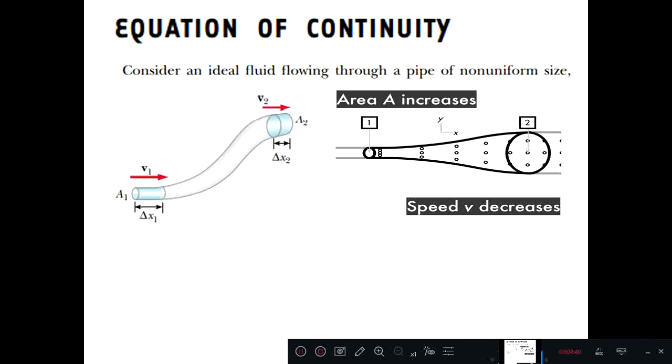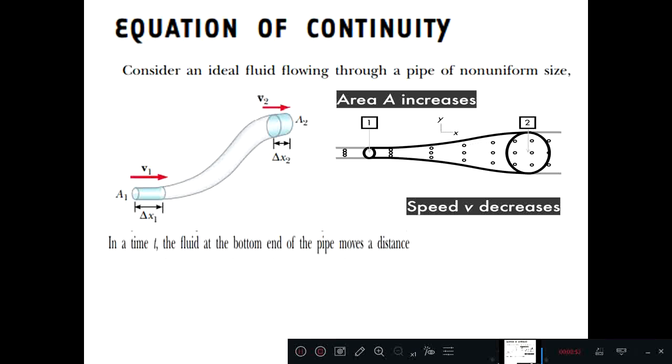Then in a time t, the fluid at the bottom end of the pipe moves a distance delta x1, which can be written as delta x1 equal to velocity multiplied by time.